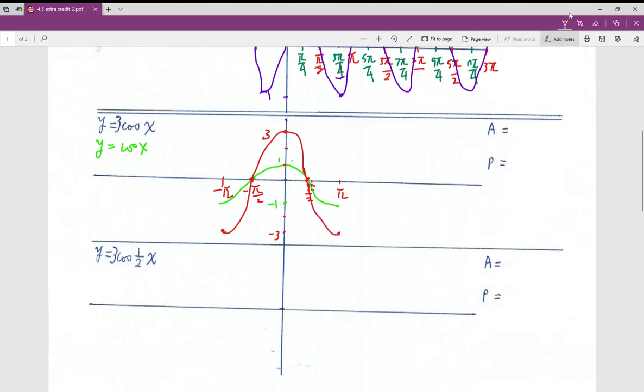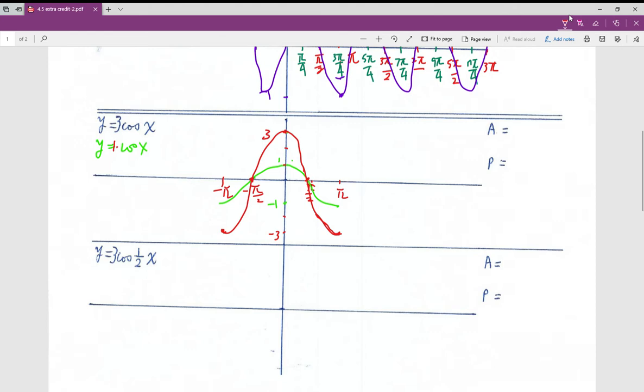So my graph doesn't look very nice. Let me adjust a little bit. Okay, one more time. Okay, fine. So this is one period for the cosine function, 3 cosine. And if 1 times, then you have the green color.